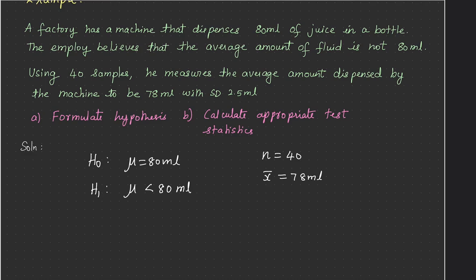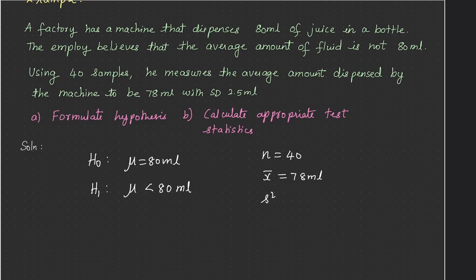And the sample variance, S square, is 2.5. So S, the square root of this, is 2.5 ml.